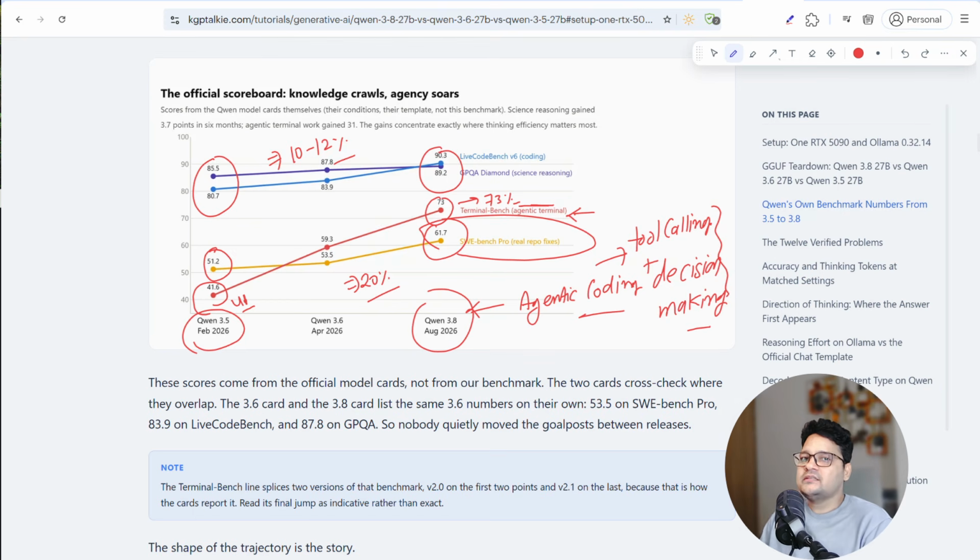If I say decision making, that means it is fast to respond. It is trained to take decisions fast. Whereas you will notice later on in this particular lesson, I'll show you, the others are not that good a decision maker. They keep thinking, and they are not able to make a good decision. Whereas Qwen 3.8 is able to make a quick and good decision.